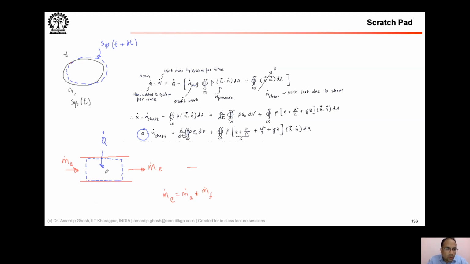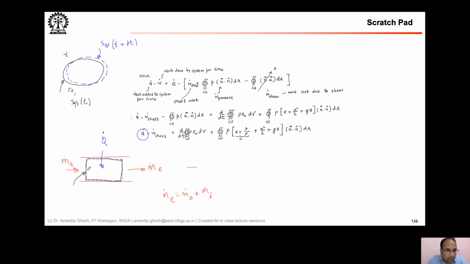So here, this is a bad drawing on my part. I should have actually used black color for this particular case. Here we are really looking at the control volume, the black color thing.